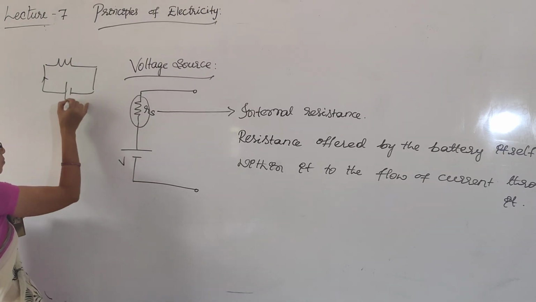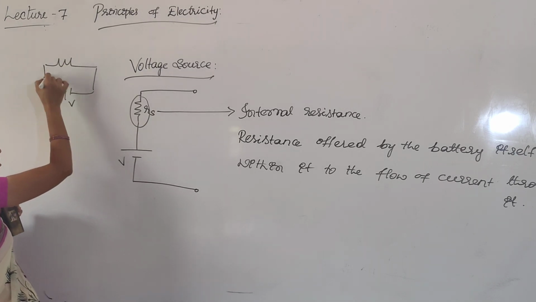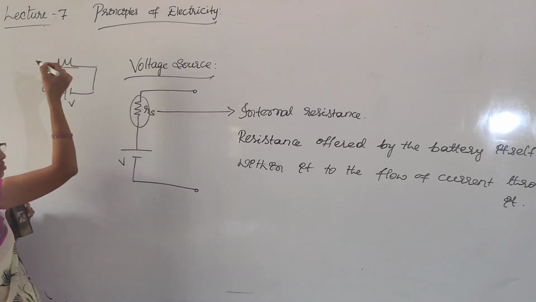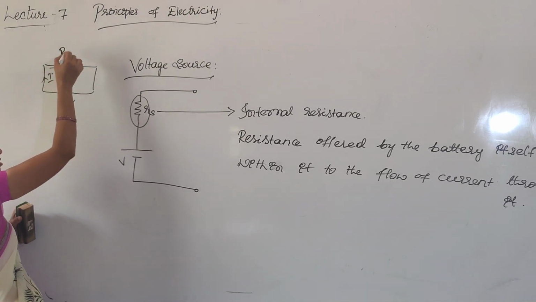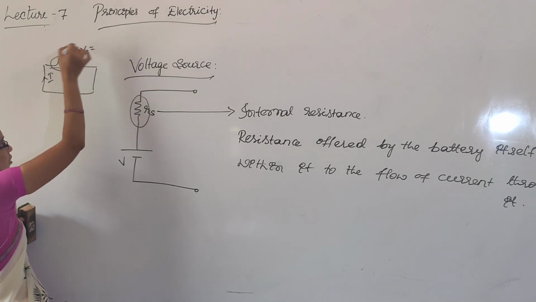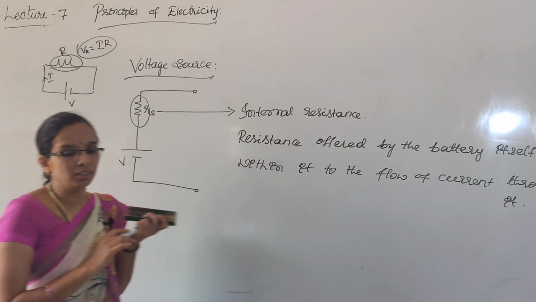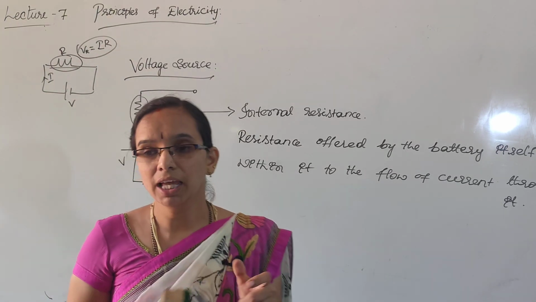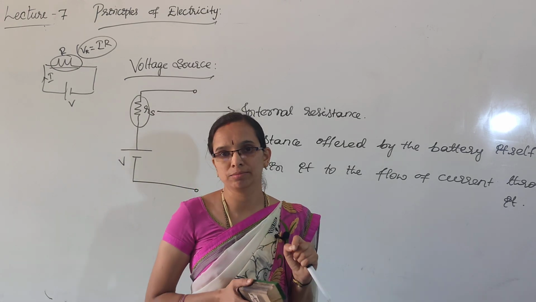According to Ohm's law, you apply a voltage or potential difference across a resistor, the current flows through the resistor, and the voltage across it will be I into R. That is, V is equal to IR.